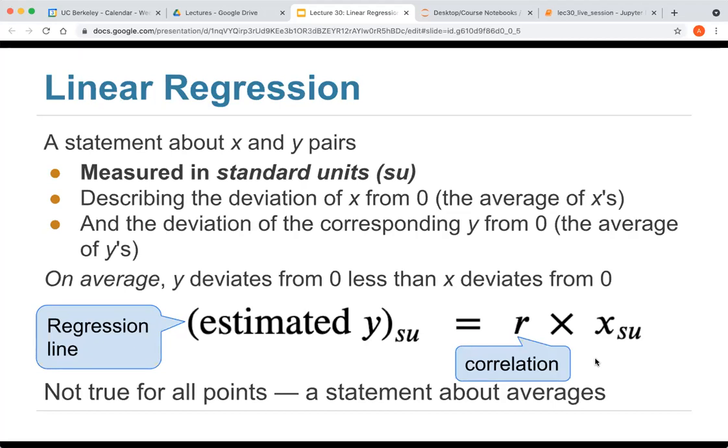This person did very well on the midterm. So for that person, what is X in standard units? If they're 2 SDs above average on the midterm, X in standard units is 2. Question to you: is your predicted standard units for the final exam equal to 2, greater than 2, or less than 2?